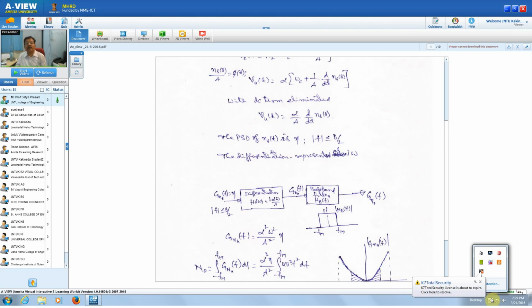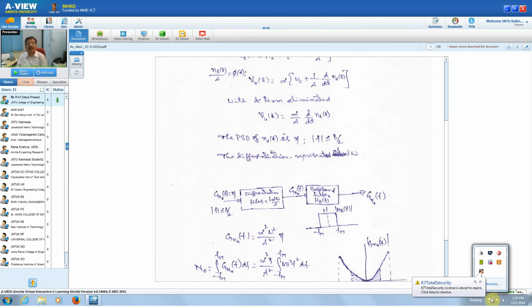So this is given to your frequency discriminator, that is the differentiation, therefore j alpha omega by A. And this is passed to your baseband filter. When we have the power spectral density as eta, after this differentiation this is Gn4 of f, with H of j omega being j alpha omega by A for this noise signal.